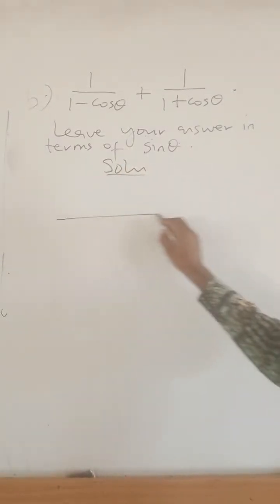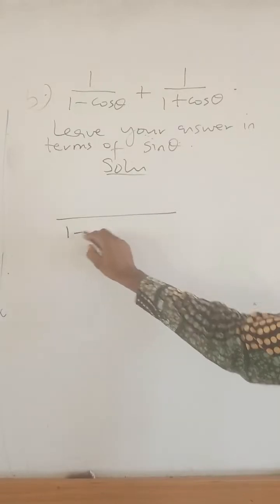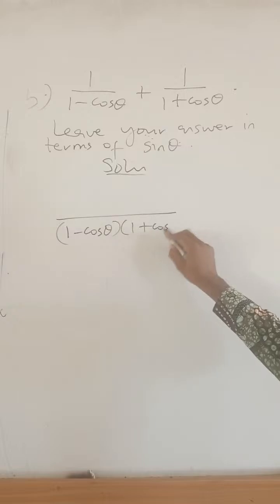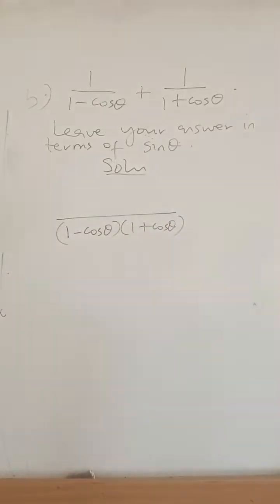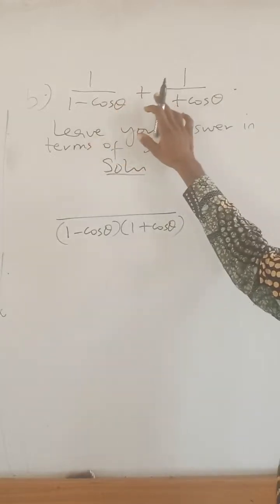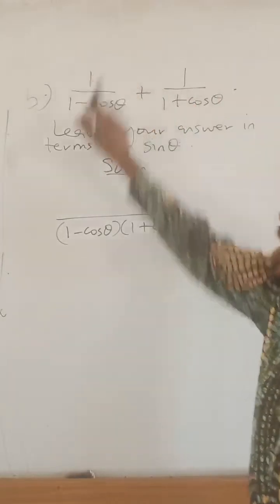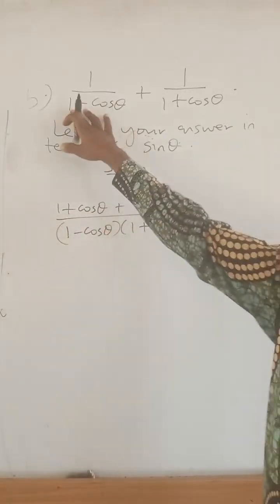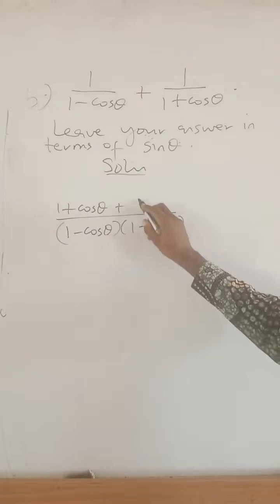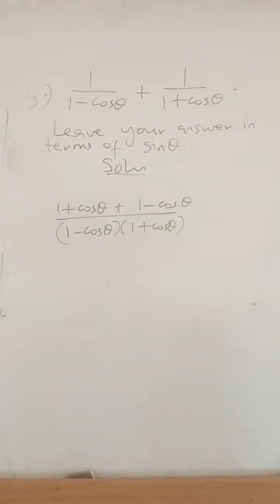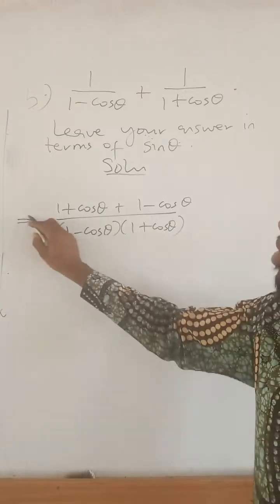The LCM will be 1 minus cos theta times 1 plus cos theta. And then, using your butterfly method, 1 plus cos theta multiplies the 1, that gives you 1 plus cos theta, plus 1 minus cos theta multiplies the 1 here, you have 1 minus cos theta. As your first step.